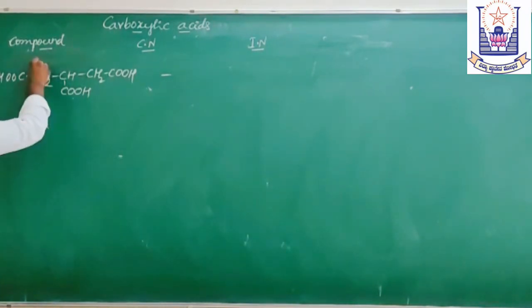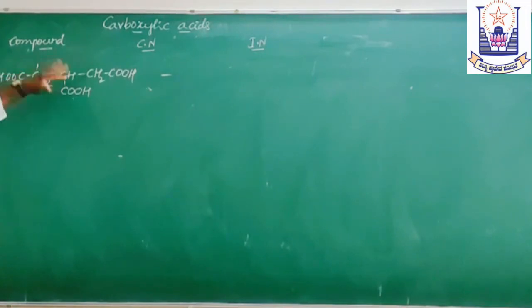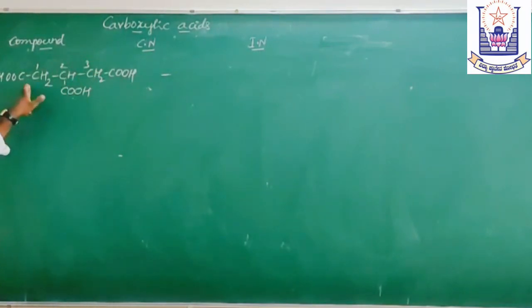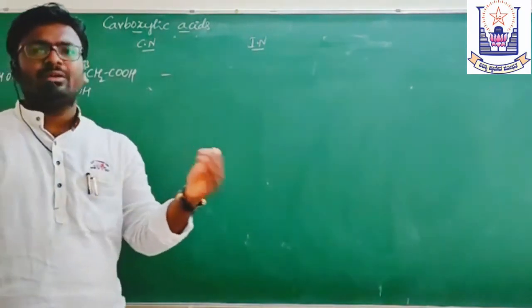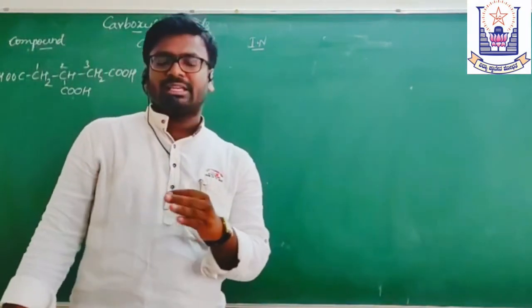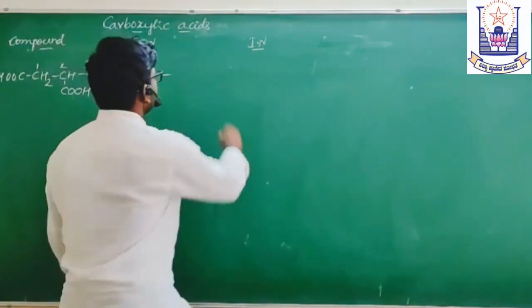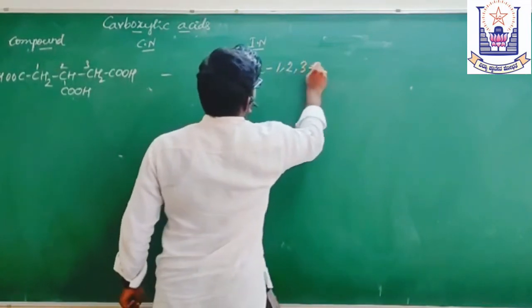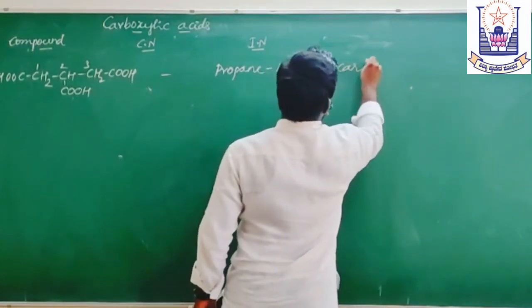That's why choose the options of functional group carbon atoms 1, 2, 3. Now the COOH groups are present on these positions 1, 2, 3. So take that propane, okay, 1, 2, 3 tricarboxylic acids. Like how we have discussed about the dicarboxylic acid. Now we take the tricarboxylic acid. This is propane 1, 2, 3 tricarboxylic acid.